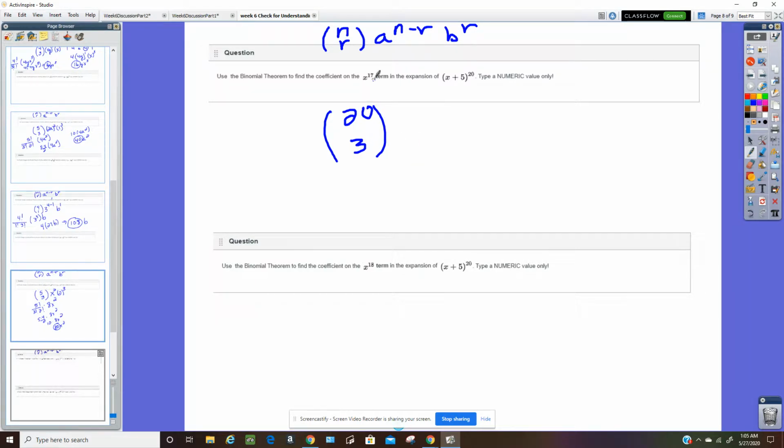Or it's actually the fourth term in this expansion here. So we have x to the 20 minus 3 times 5 to the third.